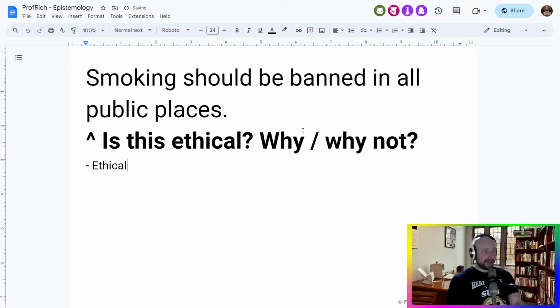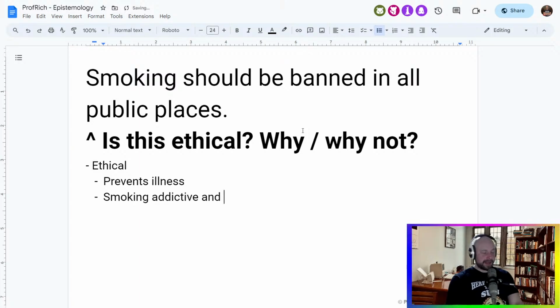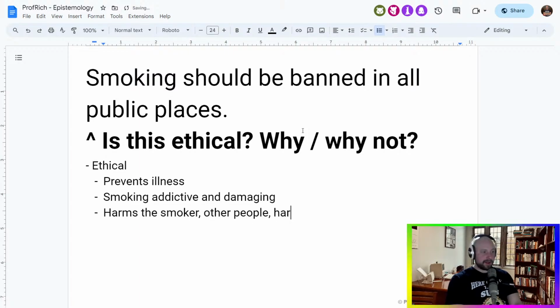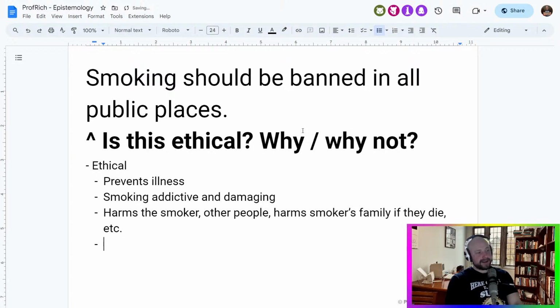I might say ethical because it prevents illness, smoking is addictive and damaging, and harms the smoker, other people, and harms smokers' family if they die, etc. And then I might also say the other side of the argument, that it's a bit unethical.